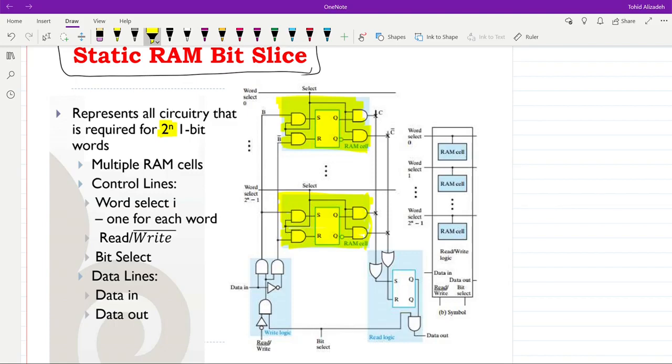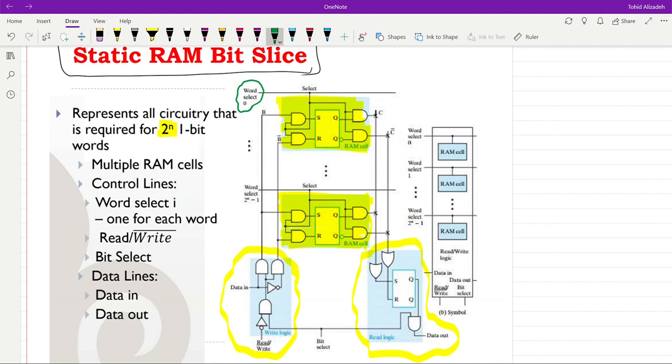In terms of the control inputs, how to write the data into and how to read the data from the memory, from the RAM bit slice, we need to introduce some additional circuitry that you can see over here and there. And now I will explain how they are working. But regardless of that, if we want to select a given location in this RAM bit slice, we need to provide the information through the word select input.